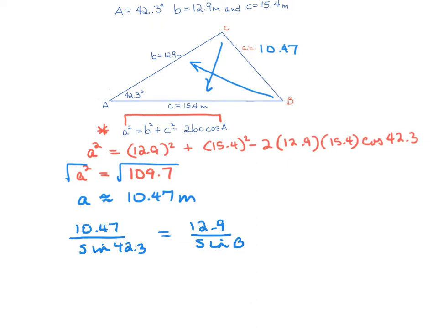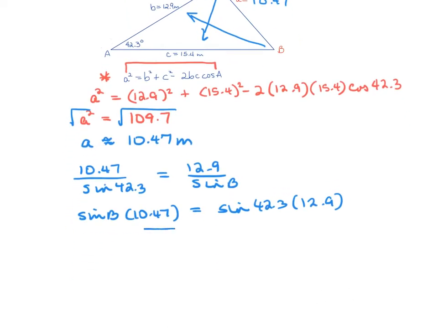So the sine of B times 10.47 is equal to the sine of 42.3 times 12.9. In order to find the sine of B, I need to divide both sides by 10.47.